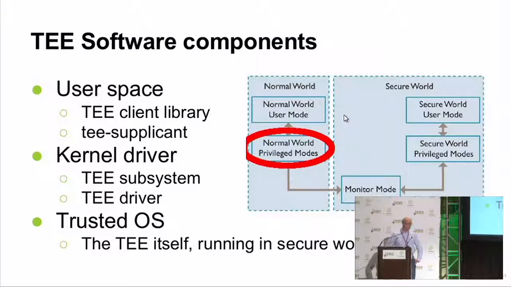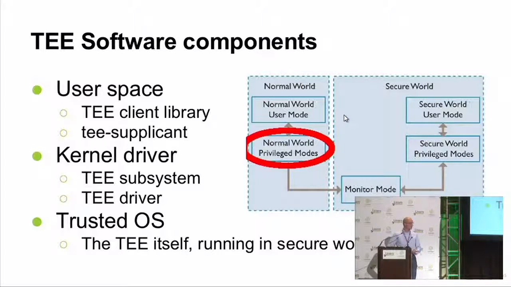The components in this TEE software stack: we have user space, we have a kernel driver, and we have a trusted OS. The picture that you see here is typically a V7 system, but from the normal world point of view, it's more or less the same if it's V7 or V8.